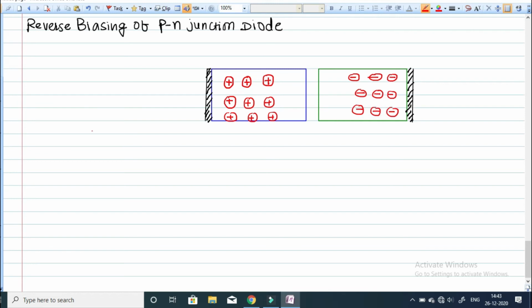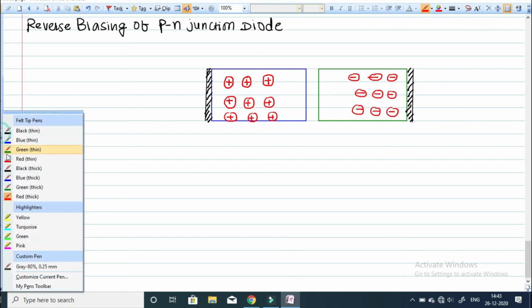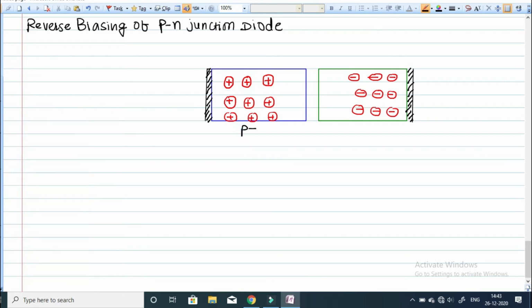This is our p-type semiconductor, and this is our n-type semiconductor.